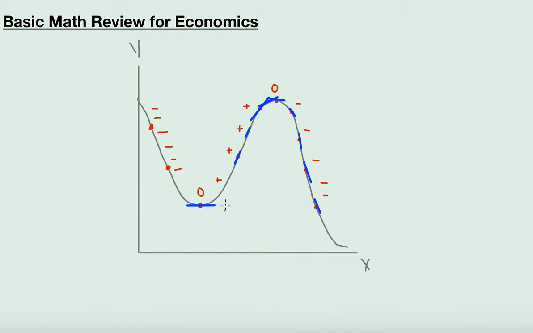If you've had the second derivative, then you know the second derivative here is going to be negative, so it's going to be a maximum, and the second derivative at this slope right here is going to be positive, so this is a minimum. But even without calculus, we can pretty much tell just by looking at it that this is the minimum of this function in this area, and this is the maximum of the function in this area.